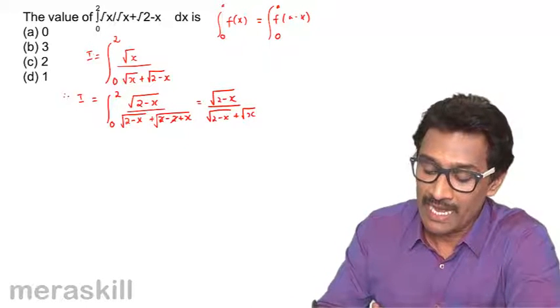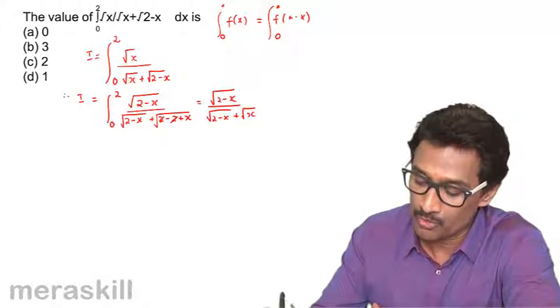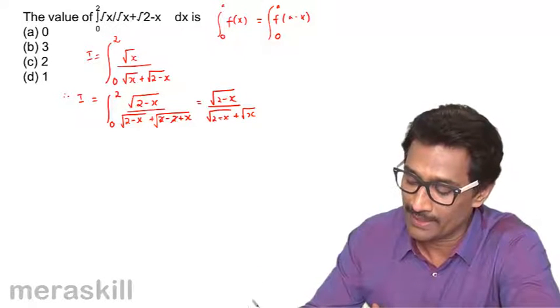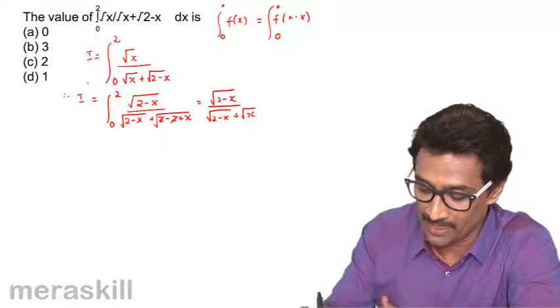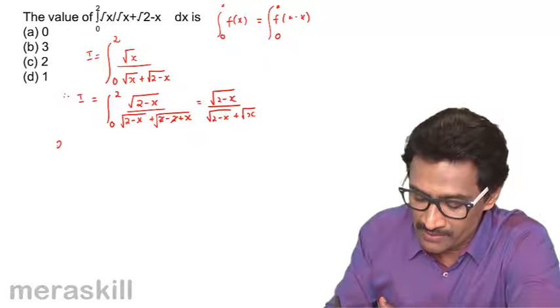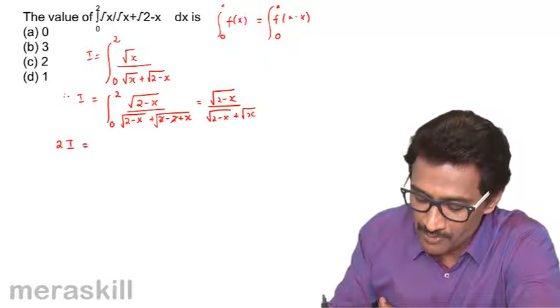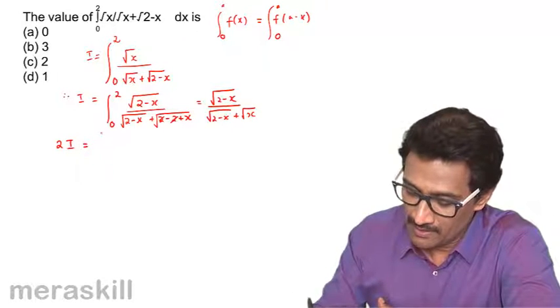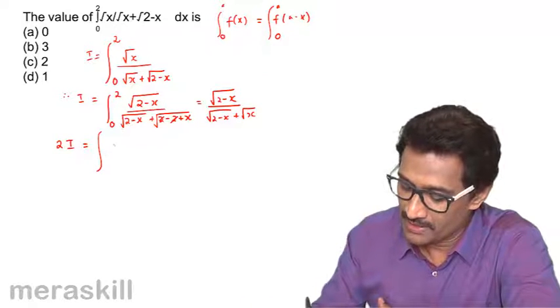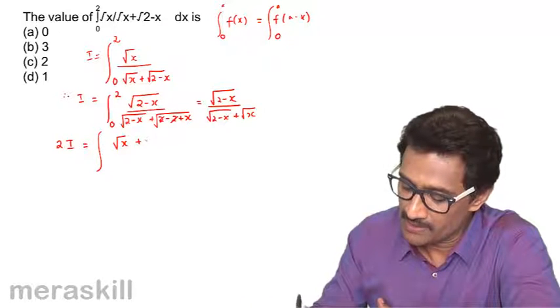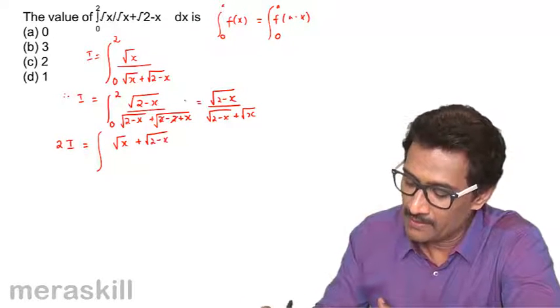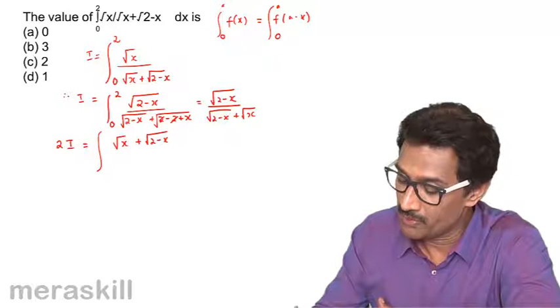So we know that I, whether it is root x upon root x plus root 2 minus x, or root 2 minus x upon this, both are one and the same. Add the two equations. You get 2I is equal to the integral of root x plus root 2 minus x. Denominator is common for these two.